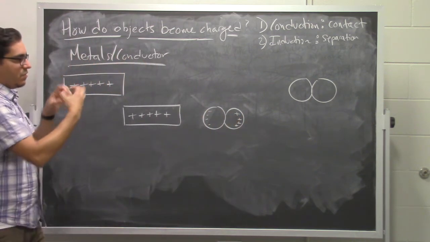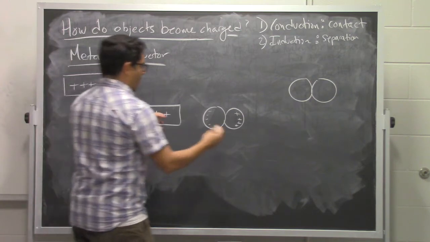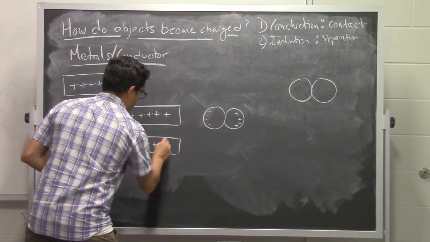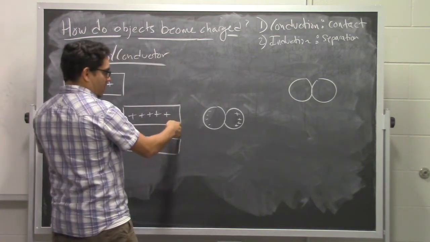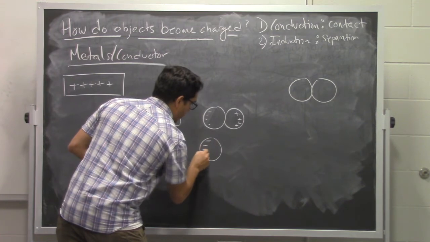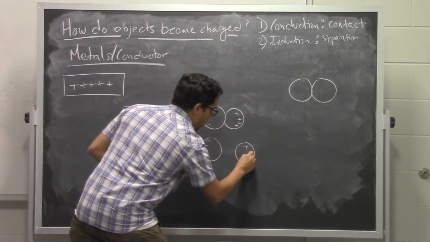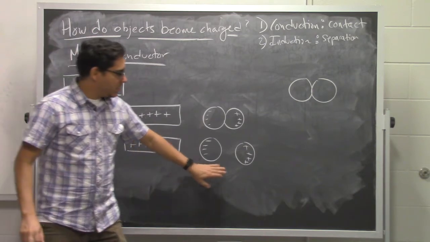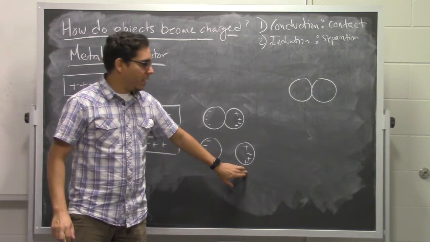Now what we do is physically separate the two metal objects in the presence of the third object. But notice we never touch this bar to these two spheres. And so now we end up with a metal ball that has a net negative charge, and a metal ball that has a net positive charge.